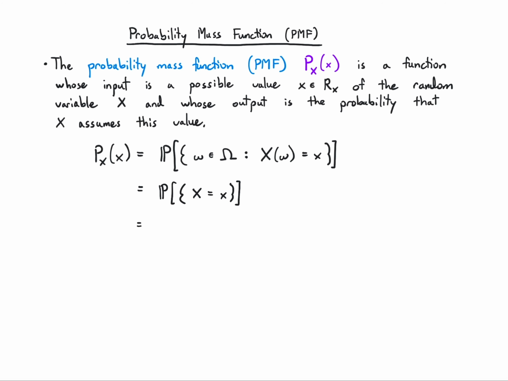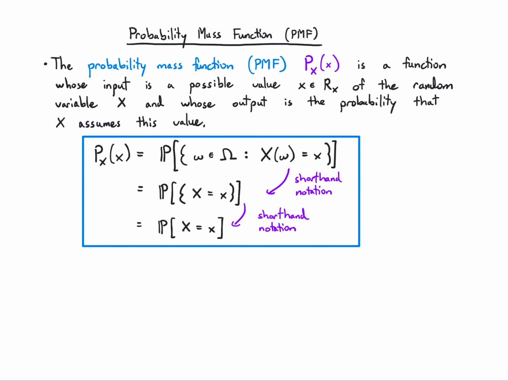And even more shorthand, I might just drop the curly brackets. As you use probability more and more, you'll see this thing on the bottom the most, but you have to remember that it's always coming from this probability measure on the sample space. But usually you don't need to access it at that level, but it's important to know that that's actually what's happened. Okay, so this is our definition for the PMF.